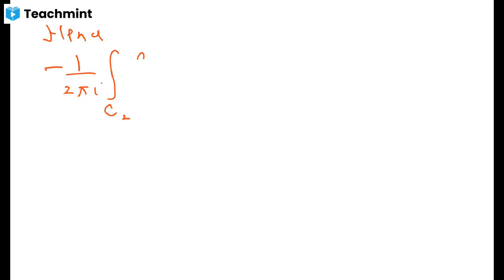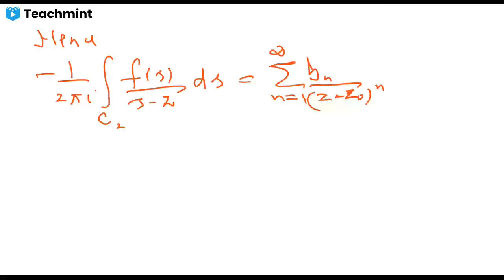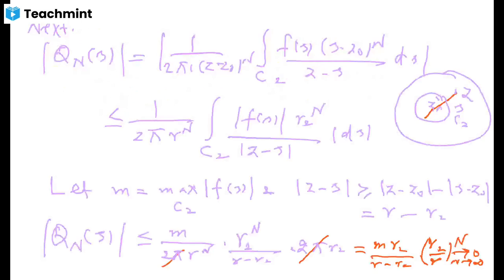of f of zeta upon zeta minus z d zeta, converging to the series summation n from 1 to infinity b n upon z minus z naught to the power n, and this is what we had seen in this expression. Okay, you just see here.